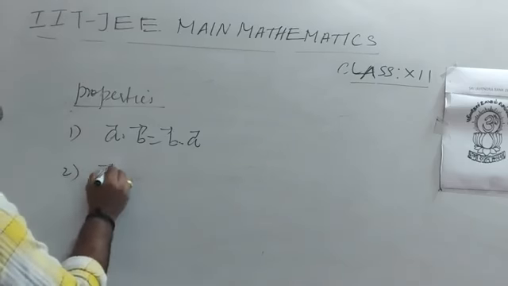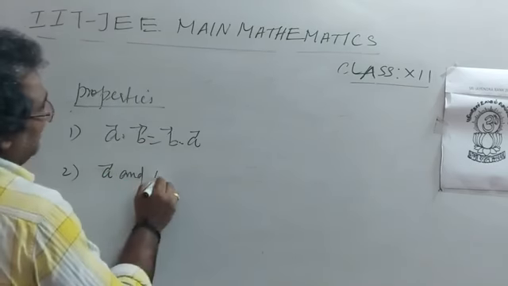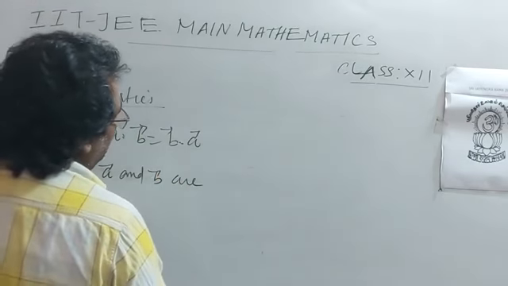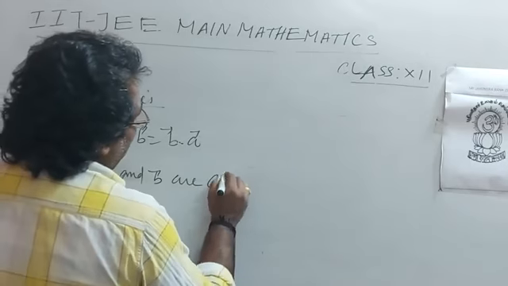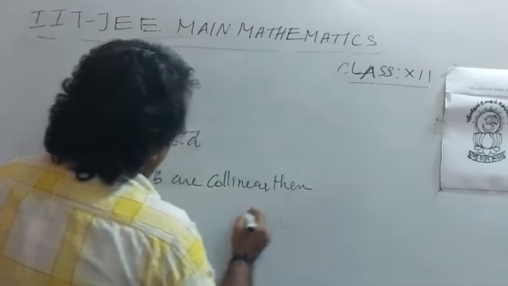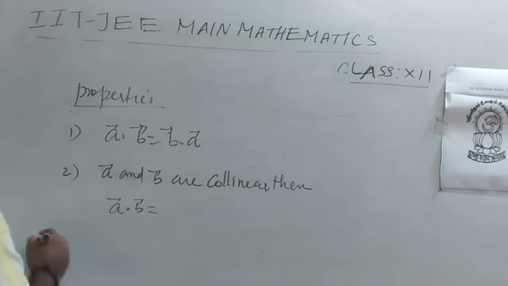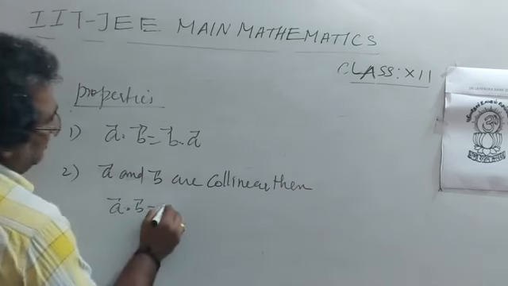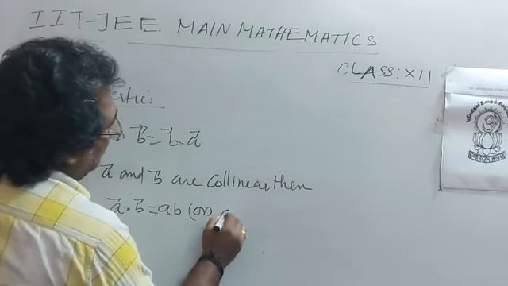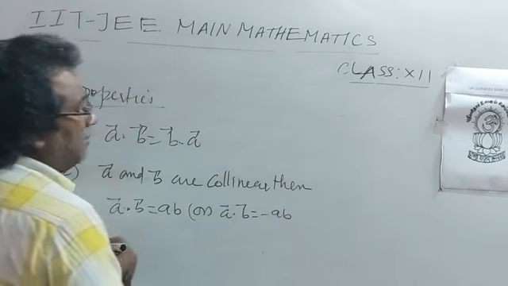A vector and b vector are collinear. Then a vector dot b vector equal to ab or a vector dot b vector equal to minus ab.